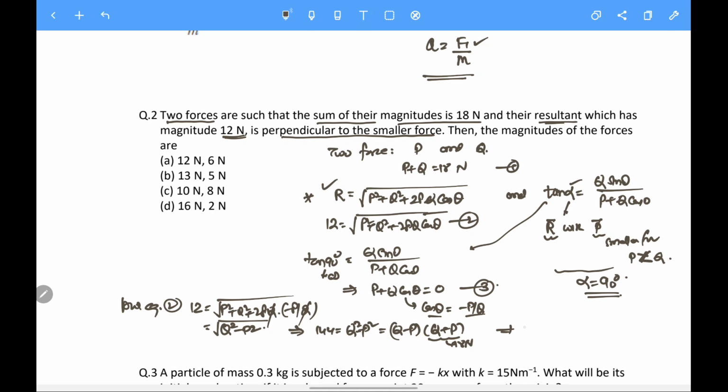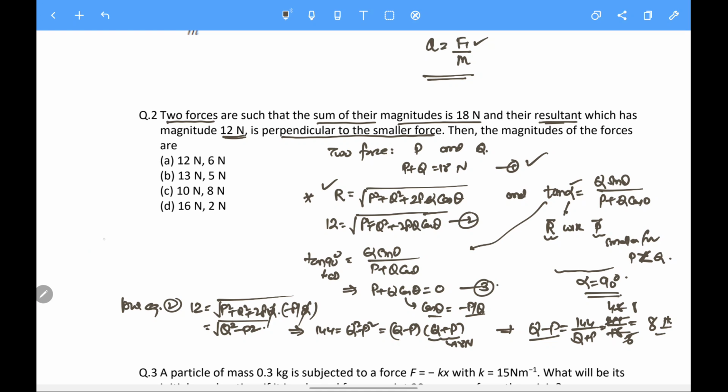This implies that Q minus P equal to 144 by Q plus P equal to 144 by 18, and we have to simplify it. We divide by 3. This is 8 Newton. That means we have P plus Q equal to 18 Newton and Q minus P is 8 Newton.